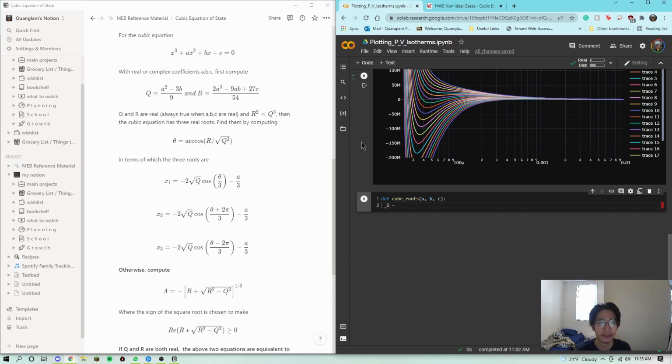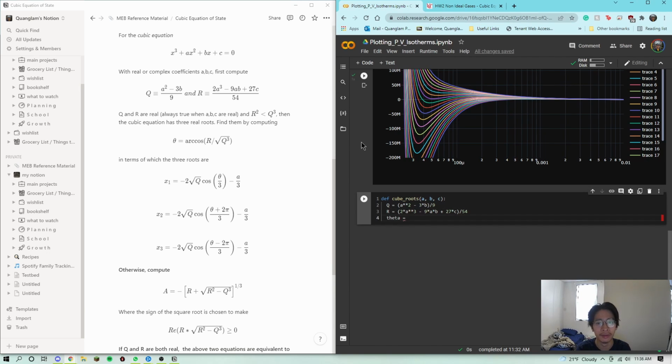So Q is equal to (A squared minus 3B) over 9. And R is equal to (2 times A cubed minus 9 times A times B plus 27 times C) all over 54. Great. Now we can calculate theta.